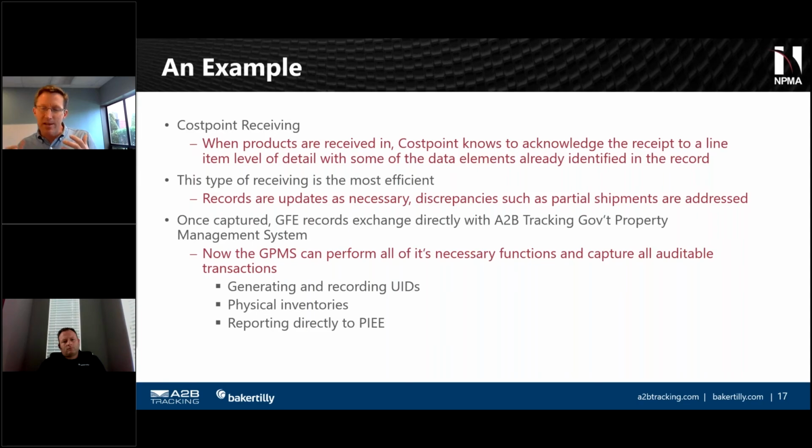And what that does, with just a couple of clicks or even behind the scenes, is start to fulfill your obligation to record keeping and all the things you have to do after you've received in that GFE. Like you need to generate and record your IUIDs, right? The physical 2D barcode that you're going to put on the items, because that might be a MIL-STD-130 could be your obligation on this contract.